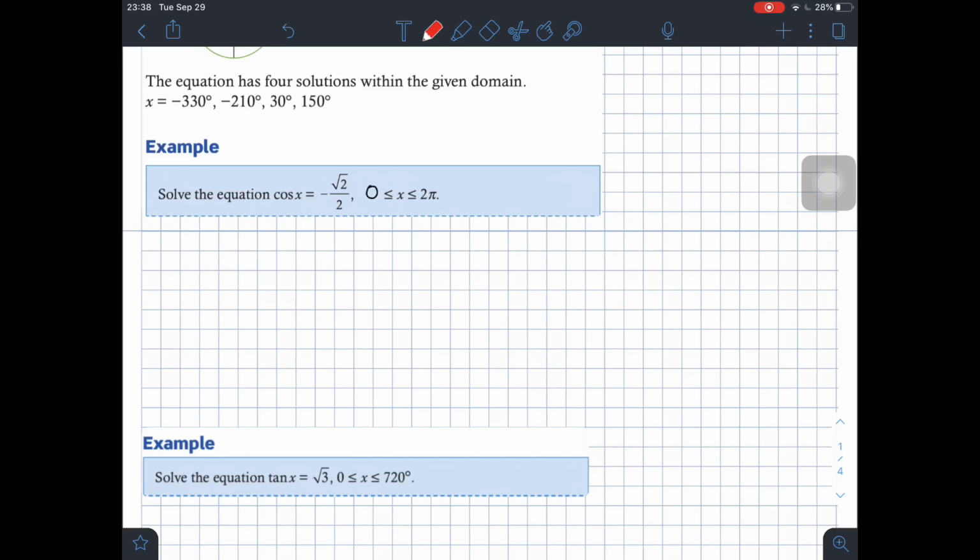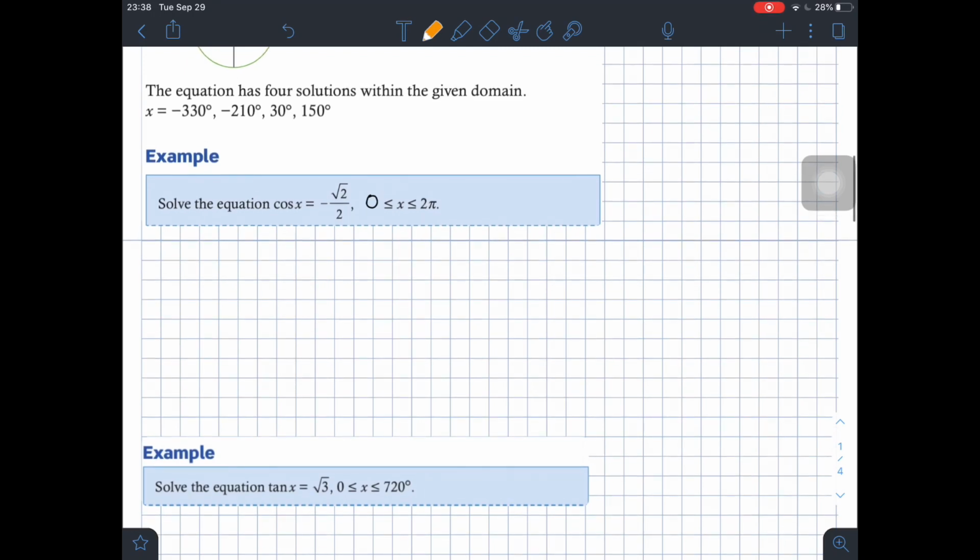So the first thing you should notice is that this is a cosine function, right? And we have a negative sign here. So you need to think, for what quadrants is cosine negative? If you remember from the last class, the unit circle, you would see that cosine is negative in quadrants 2 and 3.